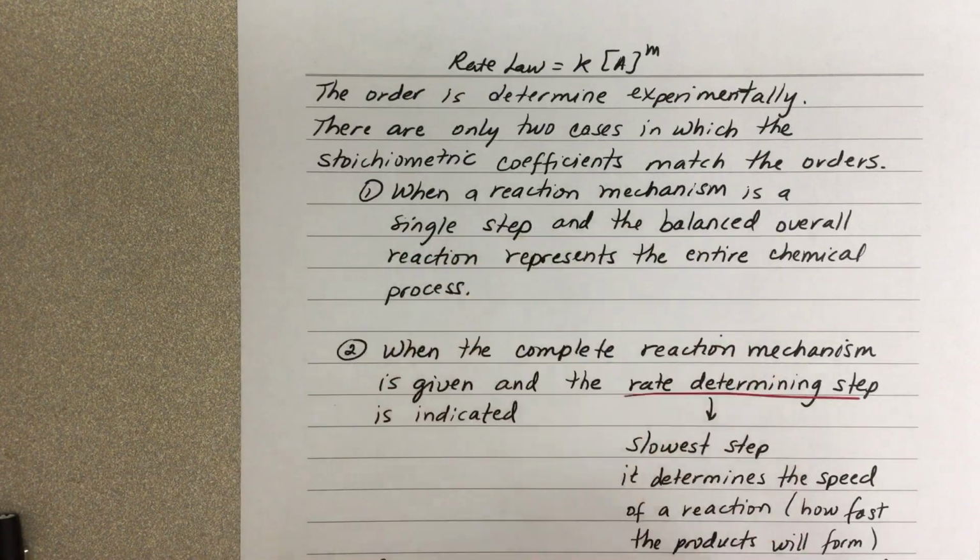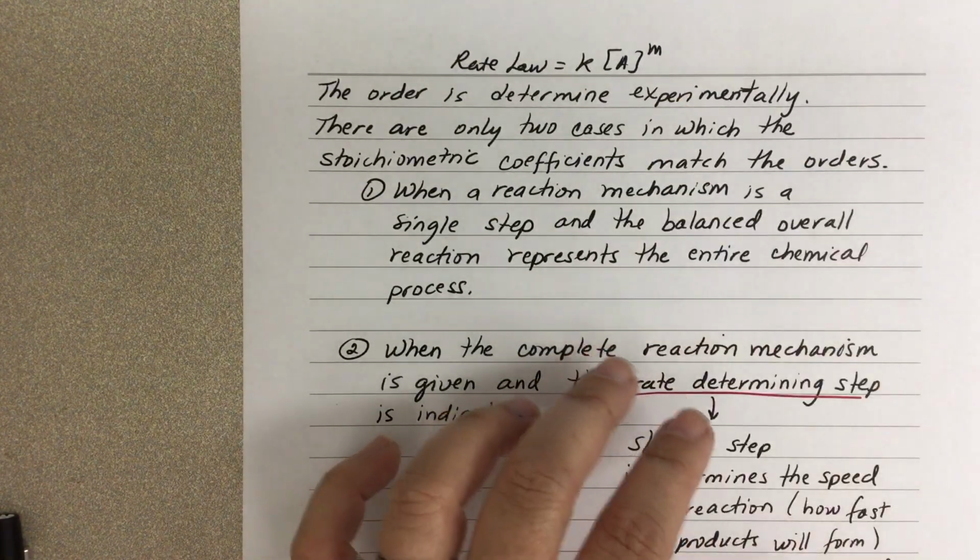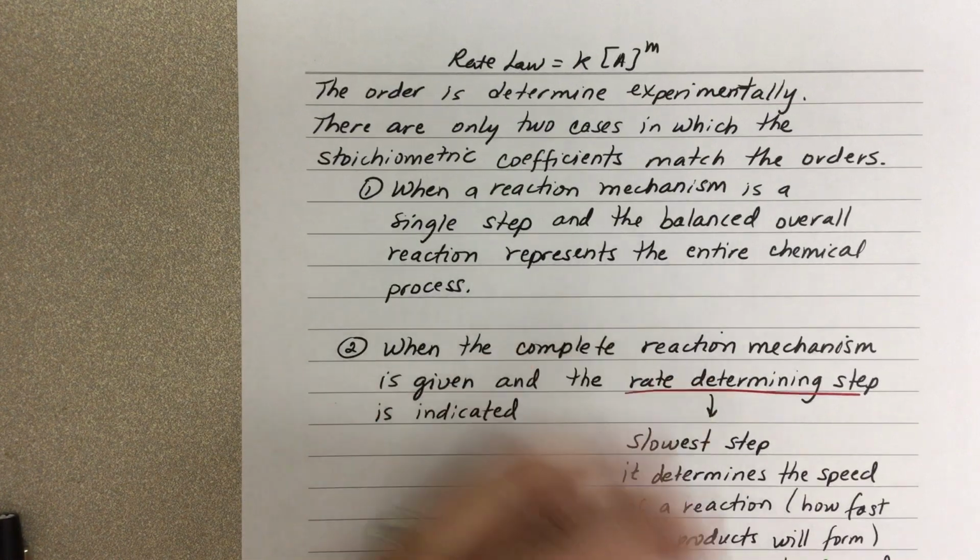If you have one reaction where you don't have different steps to get your final products, which means that you have only one step in your mechanism, you can use that single equation to approximate the order for each reactant. You can approximate the order for each reactant by looking at the coefficients in your equation.